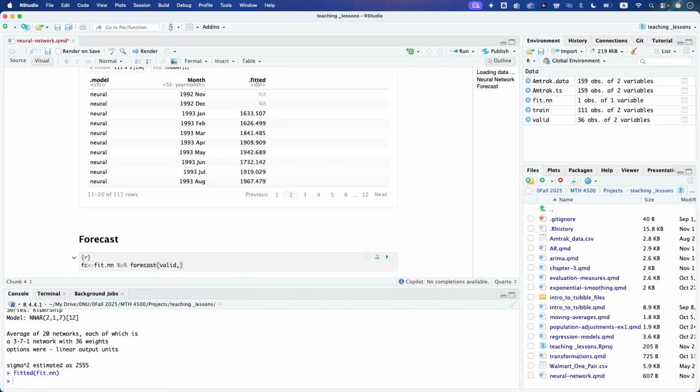After the valid, I'm going to specify an argument, times equals 0. Times equals 0 means we're telling R, do not simulate any sample paths or generate stochastic replications. Just give me the direct neural network mean forecast from the ensemble. You can just play with it. You can change times and see how it goes.